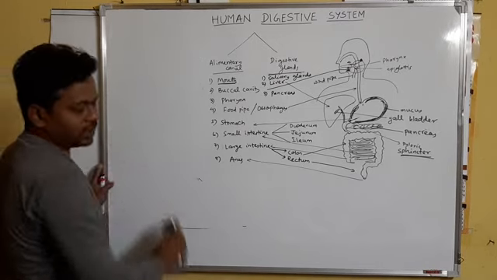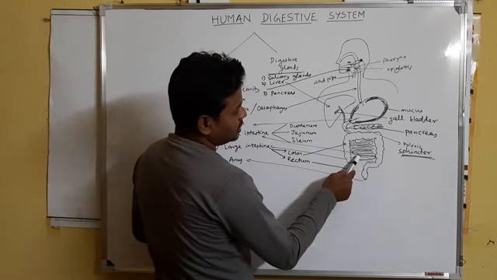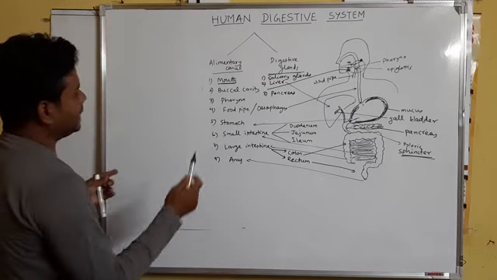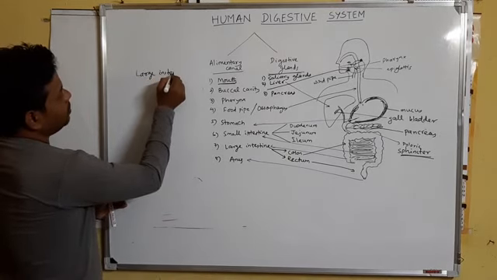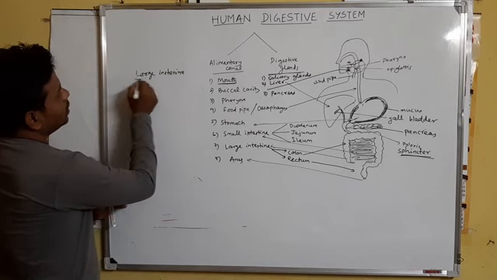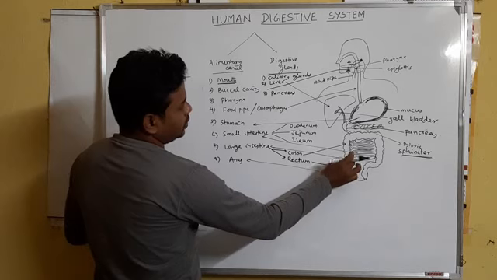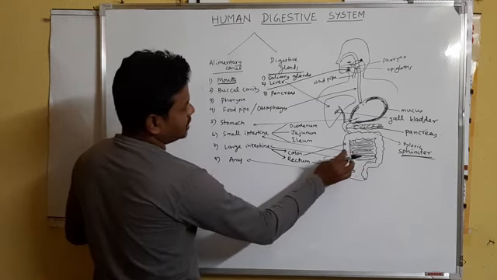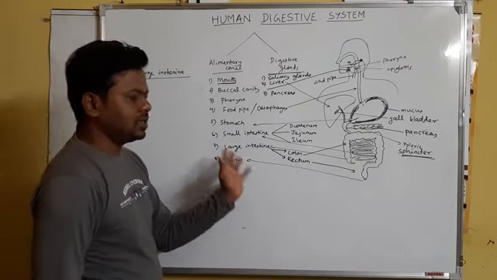Now after that, after complete digestion, the food comes to the large intestine. When the food is passed from the small intestine to the large intestine, all the important digested food is absorbed.